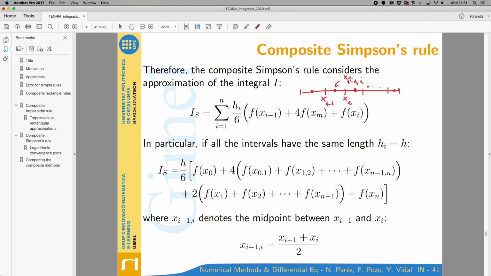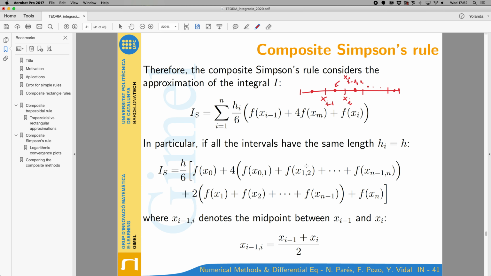So this means this is the midpoint between x_{i-1} and x_i. So this is the notation that is followed here. This means this is the midpoint between x0 and x1. Or this one, for example, is the midpoint between x1 and x2, and so on.